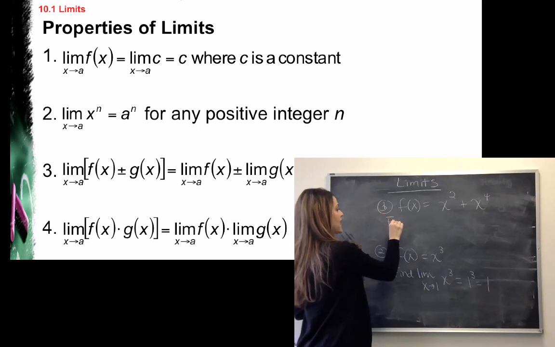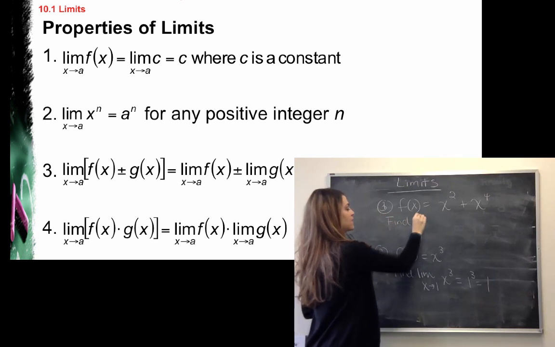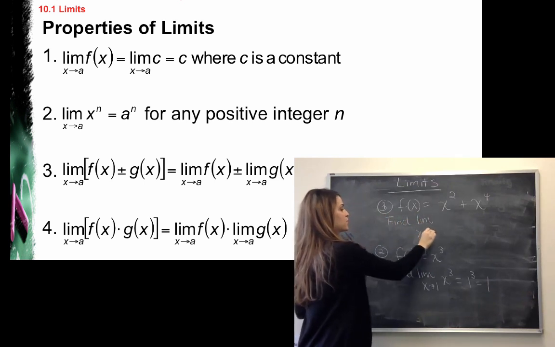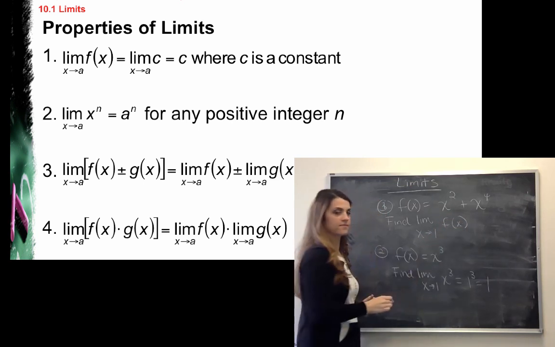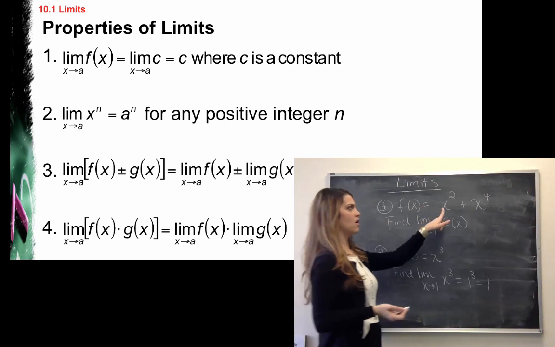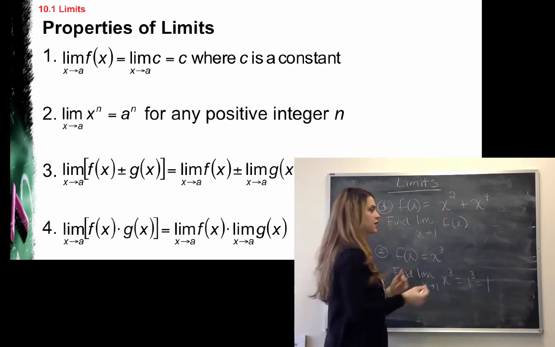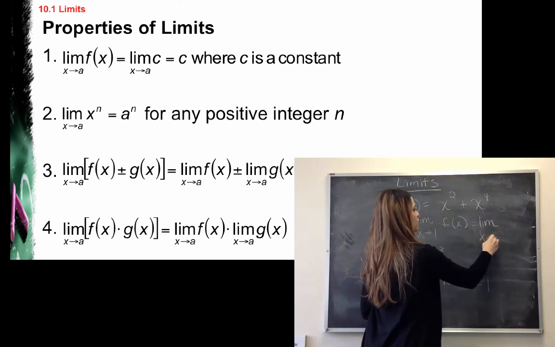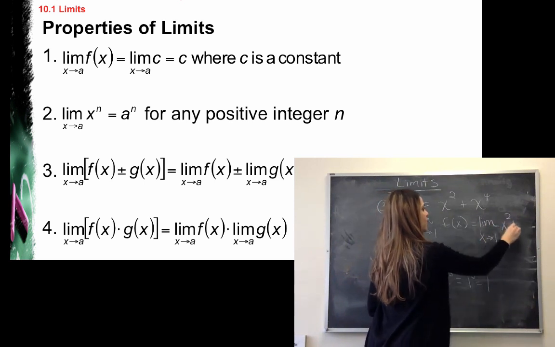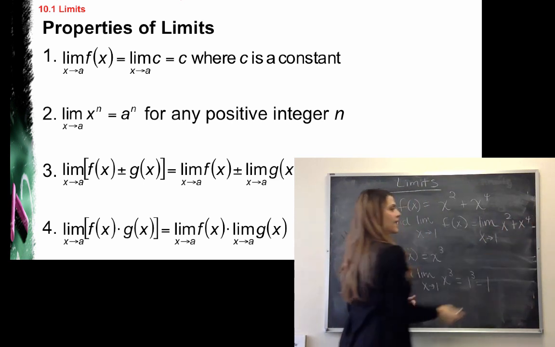And the question asks, find the limit as x approaches 1 of f of x. Well, that f of x is this function here. So really we want you to find the limit as x approaches 1 of x squared plus x to the 4th.